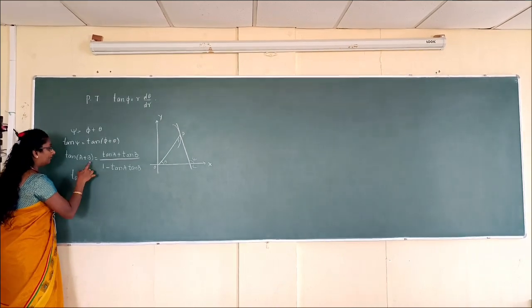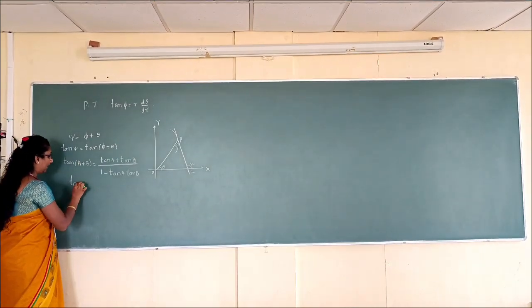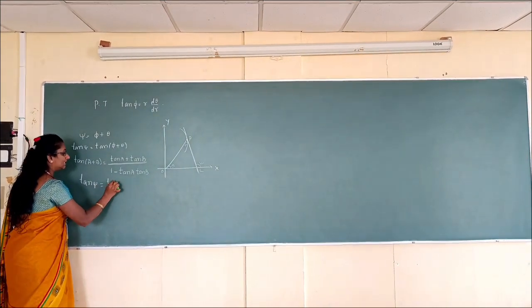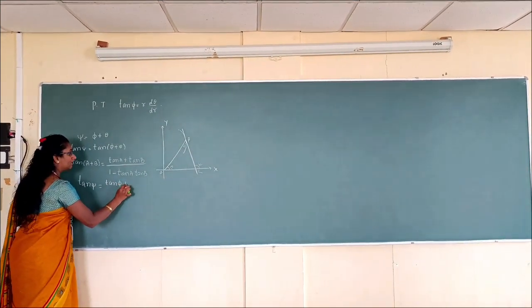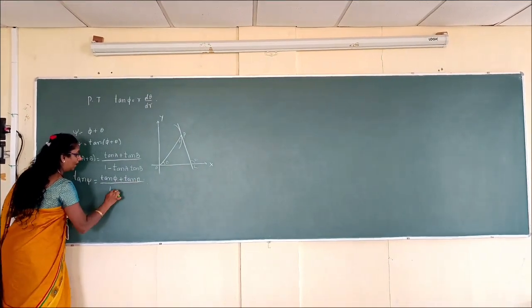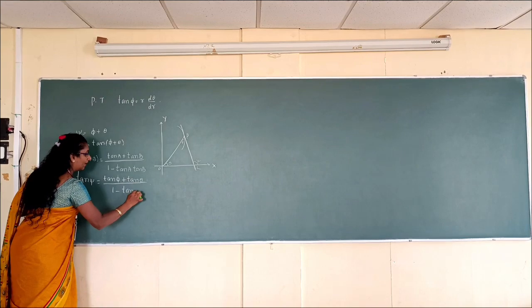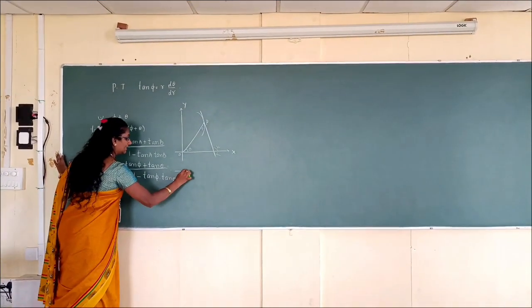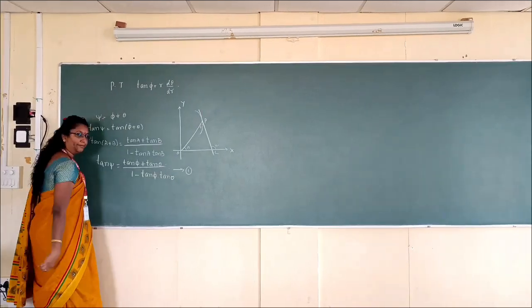So we apply the formula and we get tan psi equal to tan phi plus tan theta divided by 1 minus tan phi into tan theta. Let me consider this as equation number 1.